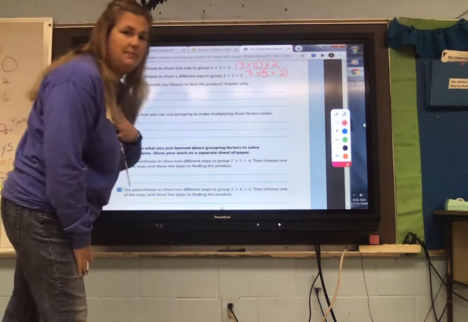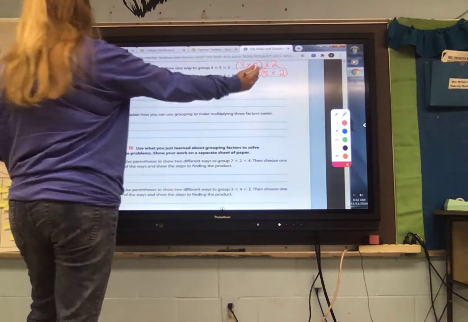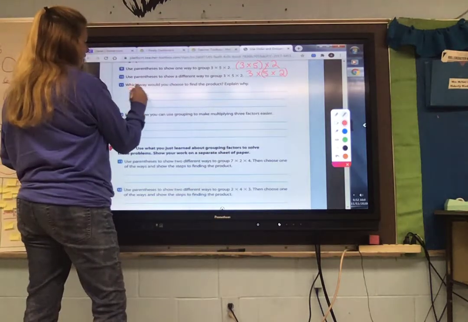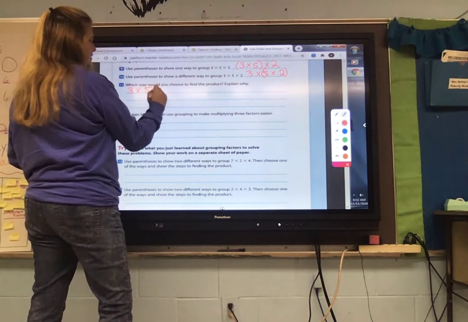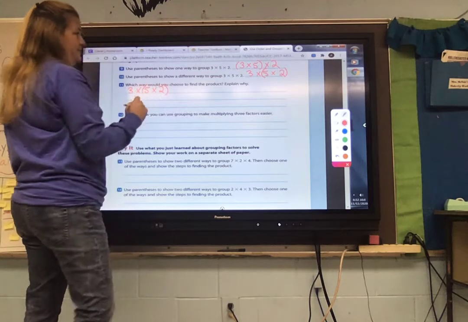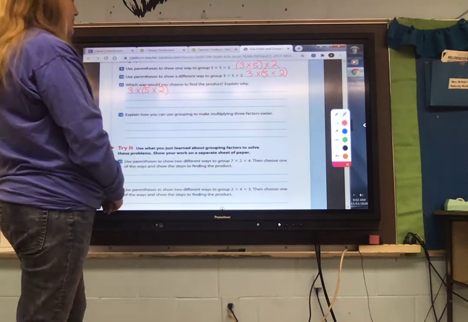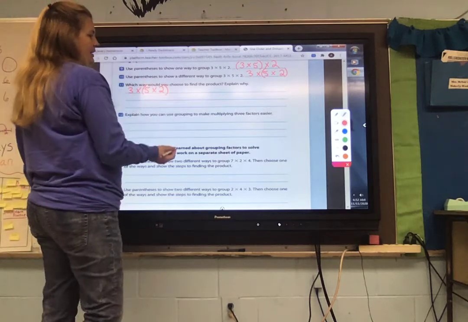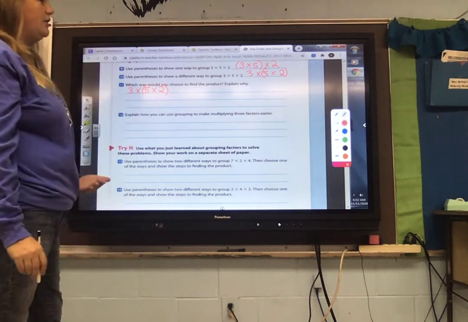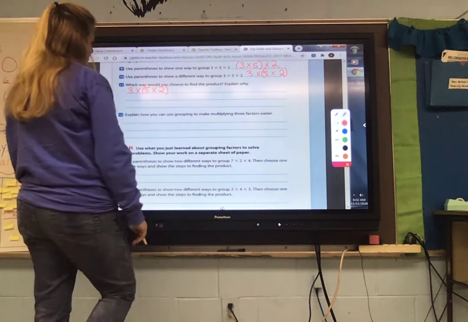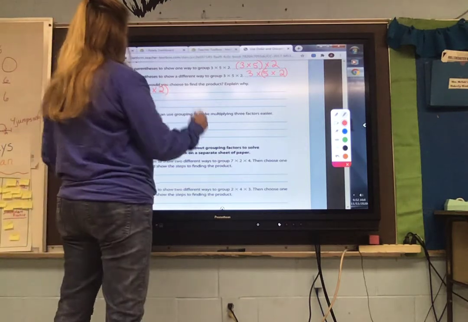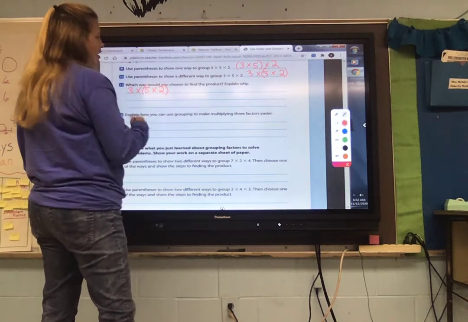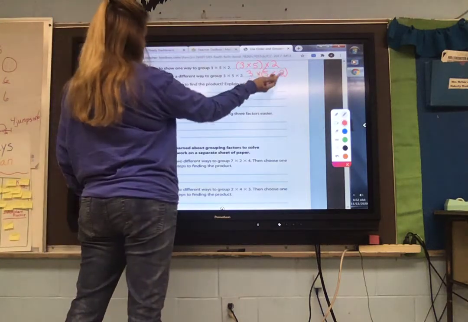Well, I can tell you, me personally, I would choose the second way, and I'll explain why. Now, you may pick the first way, and that's okay if you'd rather do the first way. I would have chosen the second way because I know how to count by 10. And I don't really know my 15 multiplication facts very well, but I do know how to count by 10, so I can do 10 times 3 a lot easier than I can do 15 times 2.